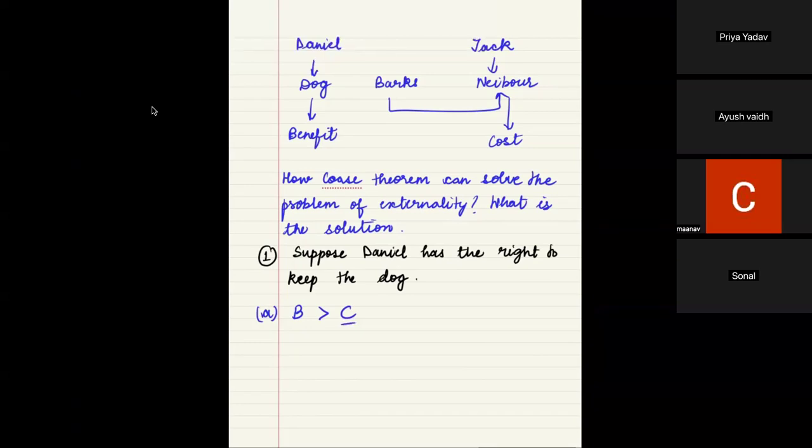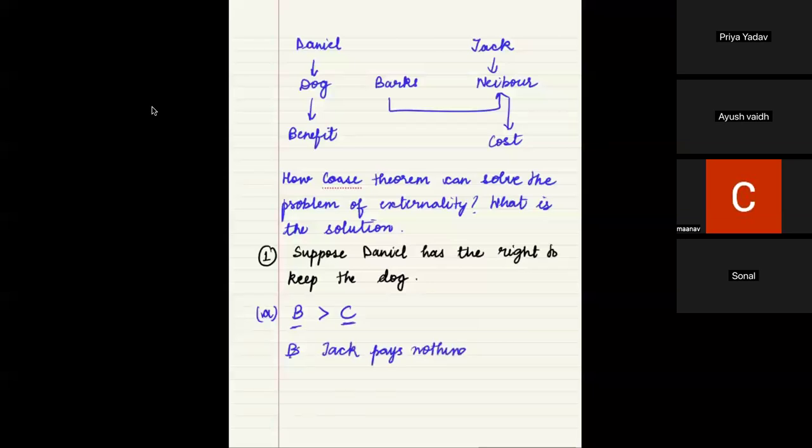So Daniel says, give me B amount of money, the benefit that I get from my dog, and I will sell the dog. But Jack says that if I pay you B, it's better that I incur C. It's better that the dog keeps barking.